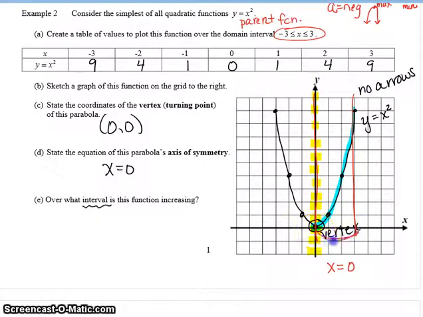So you're looking at these x values down here, if you can see me shading in red here. So it's from 0 to positive 3. Okay, and they're both included. So you can give me 0 less than or equal to x less than or equal to 3. Or it could be 0 to 3. Okay, it's increasing. It means the y values are going up. Be careful, that's different than positive.